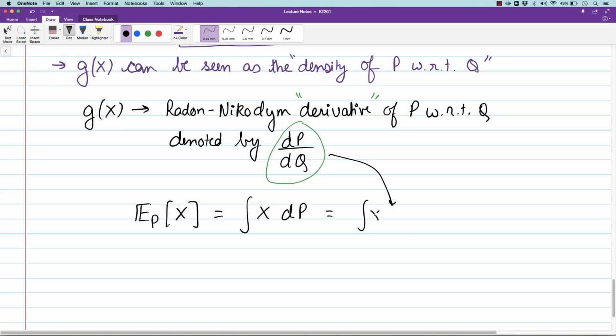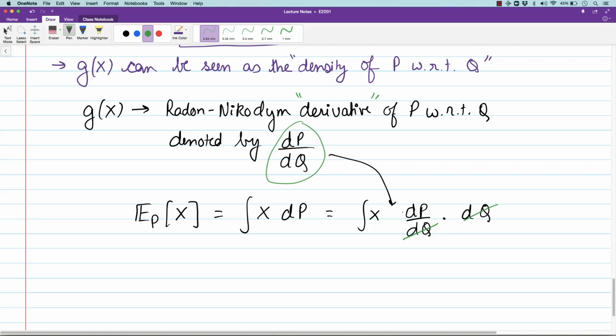So it becomes the integral of X dP/dQ, but now you integrate with respect to dQ. That's the conversion.